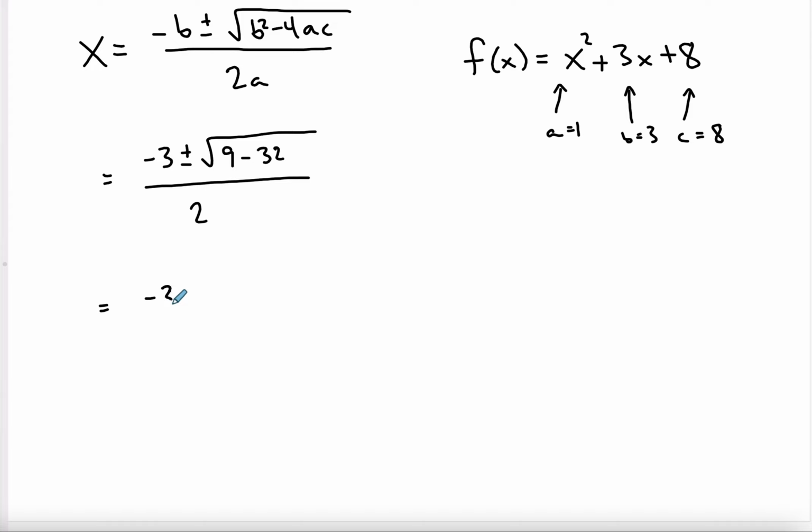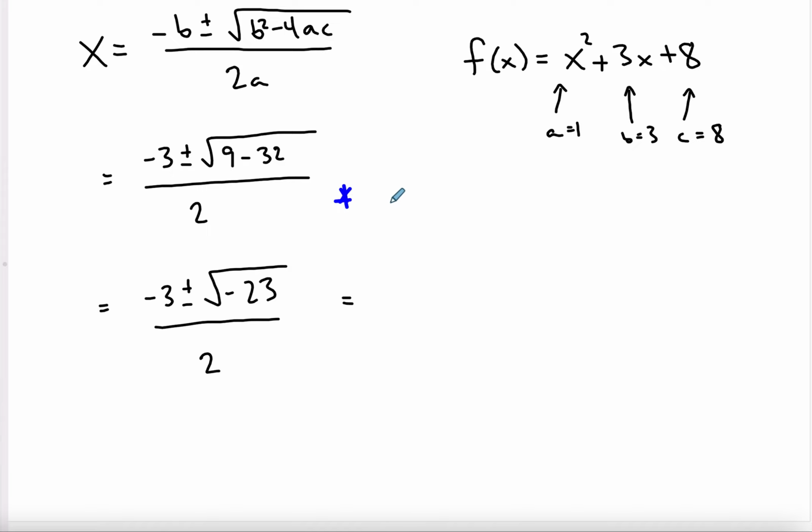This equals negative 3 plus or minus the square root of negative 9 minus 32, negative 23, divided by 2. All right, so it looks like we do have an imaginary root here. Why is that? Well, because we have a negative under the square root. How do we deal with that?